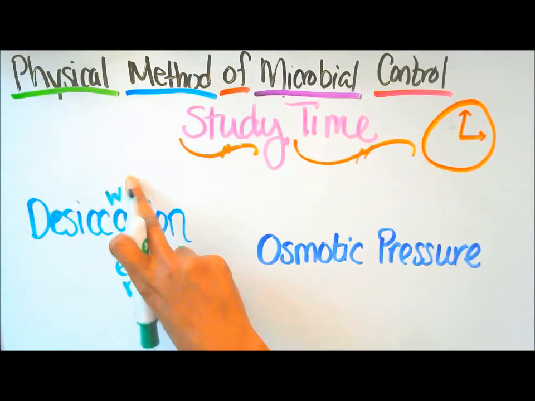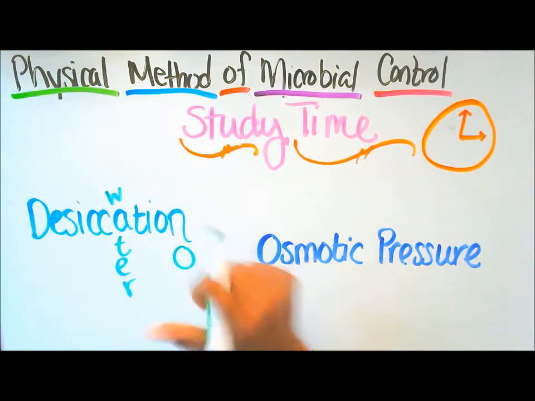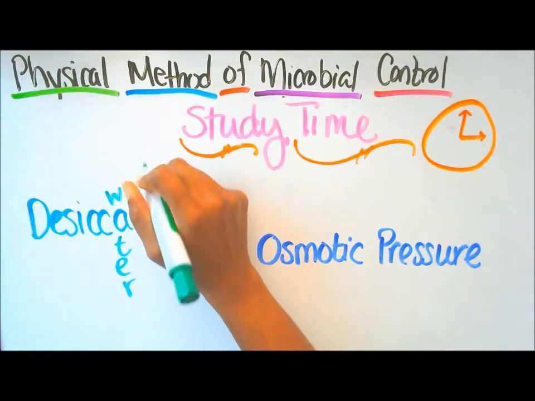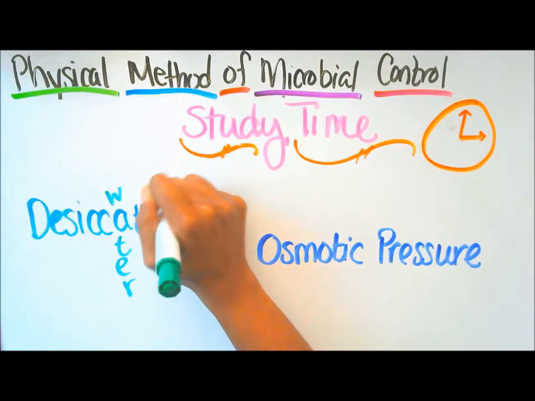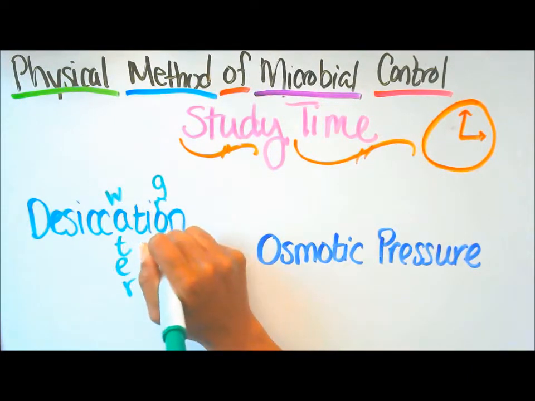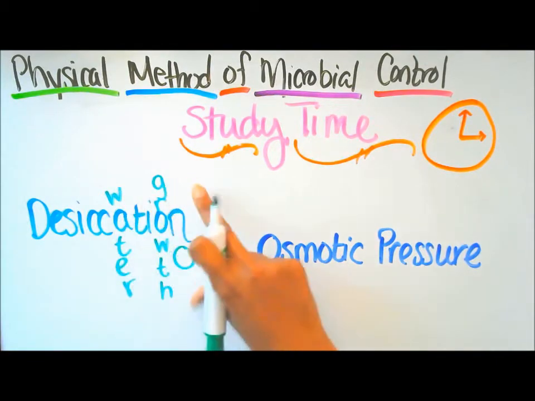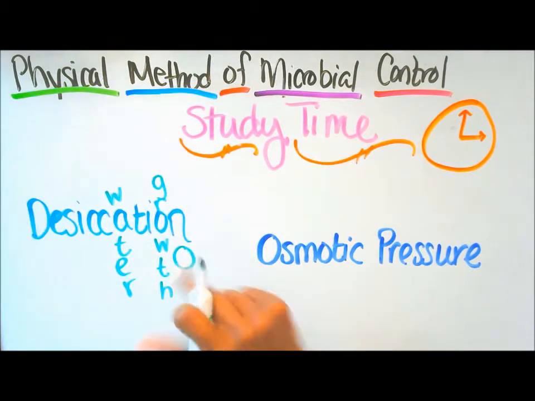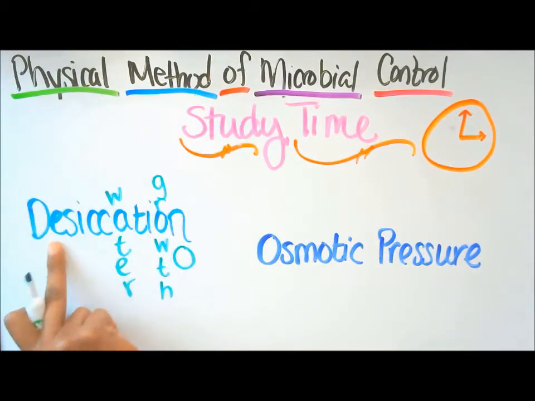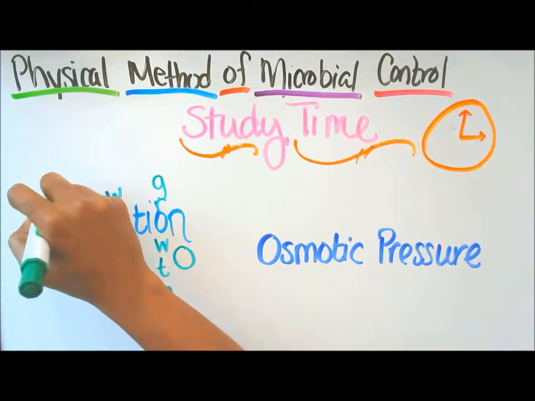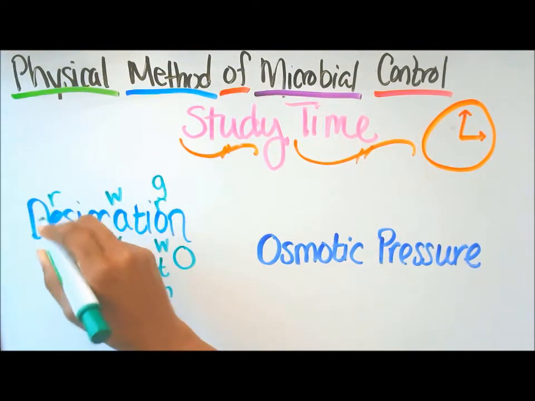So there's no water, and because there's no water, there's no growth, so we're going to use the O. So there's no water, there's no growth, and there's no reproduction, so we're going to use the E in desiccation for reproduction.